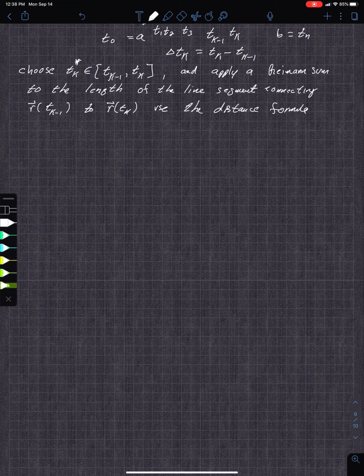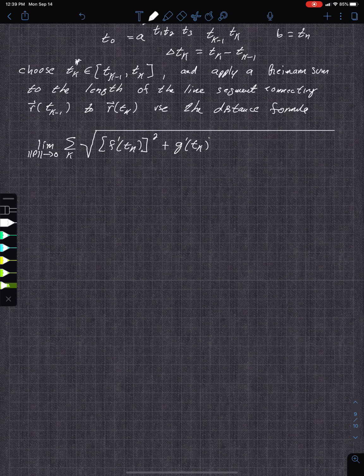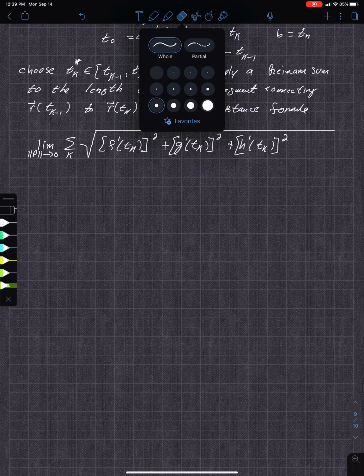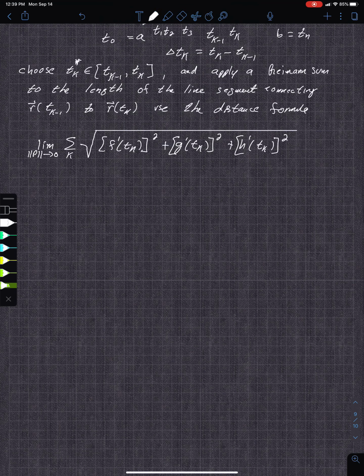Okay, so then you do the limit as the norm of the partition approaches 0 of the sum over all the k's of the square root of f prime of t sub k squared plus g prime of t sub k squared plus h prime of t sub k squared, delta t, because we're not there yet.